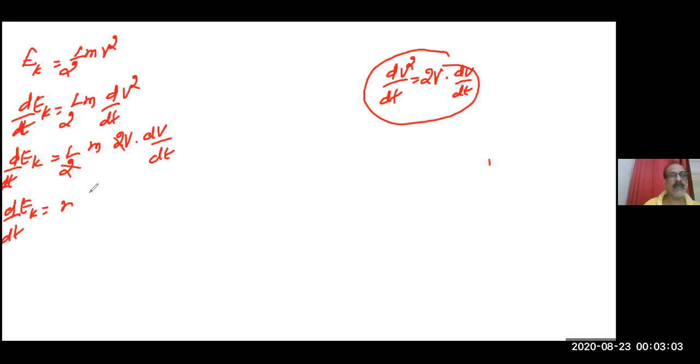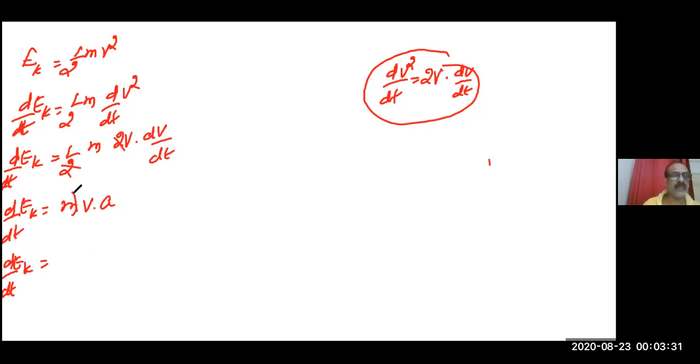So here m, v, dv by dt is acceleration. Then d by dt of EK is equal to m into v. This dv is what? This is dv by dt again, right? Yes, sir. One minute.